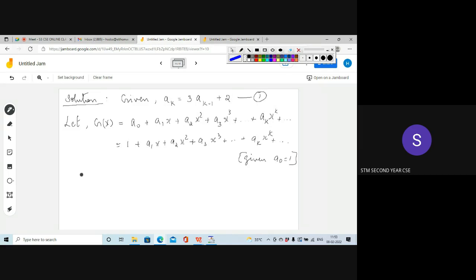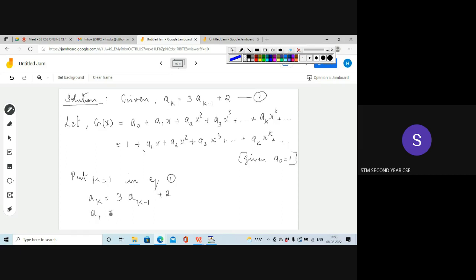So, to find a_1, put k is equal to 1 in equation 1. What is equation 1? a_k is equal to 3 times a_(k-1) plus 2. So, when I put k is equal to 1 in equation 1, what will I get? I can find the value of a_1, isn't it?